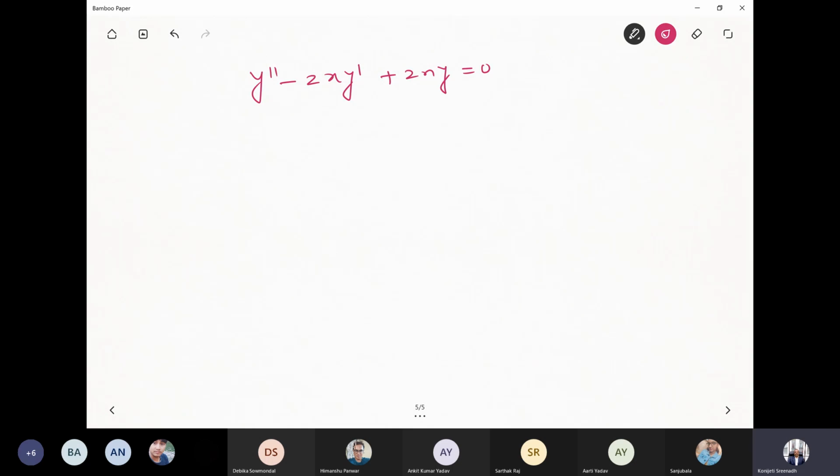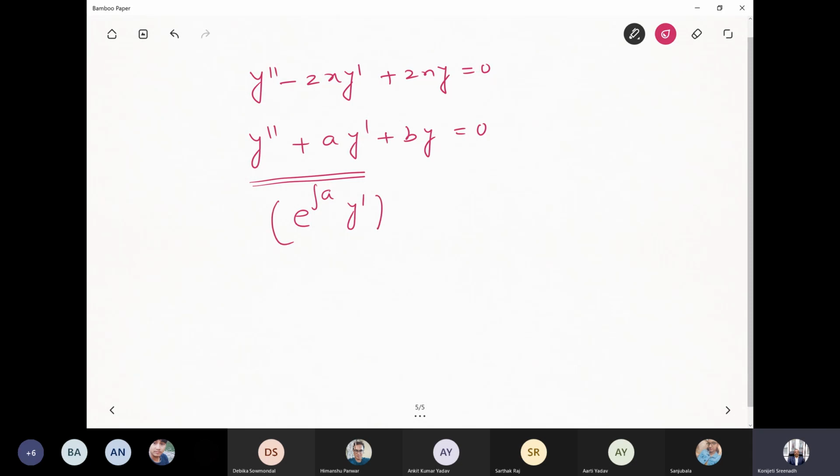we can generally write, if you have y double prime plus a y prime plus b y equals 0, the only thing I have to do is make this in the exact form. So what I can do is take (exponential of integral a times y prime) prime. When I do this, what do I get?